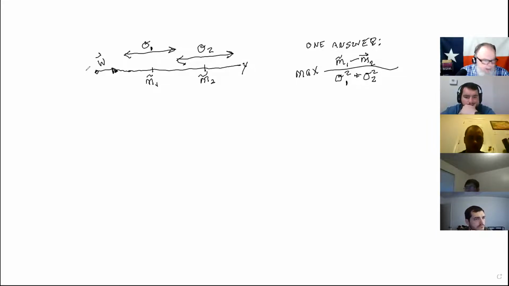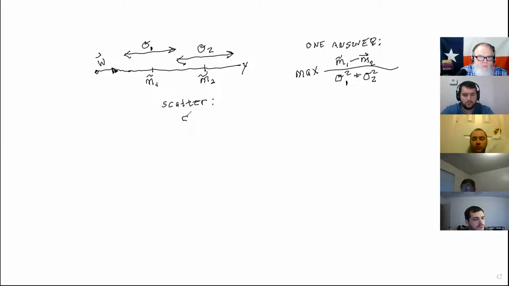Now Fisher had a little bit different idea, but it was very, very close. He said that instead we should consider something called the scatter in each class. The scatter is something like the standard deviation, but it doesn't take into account the number of elements.